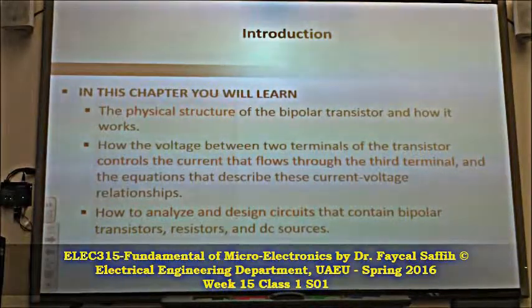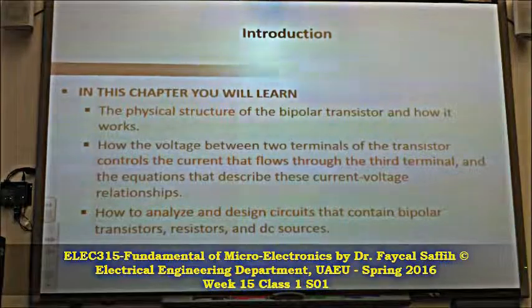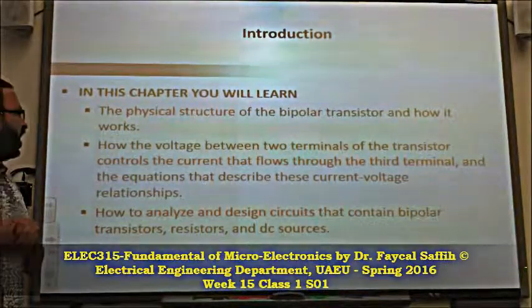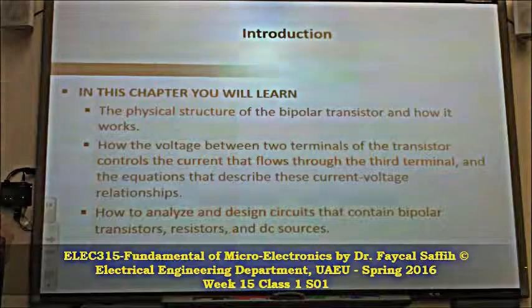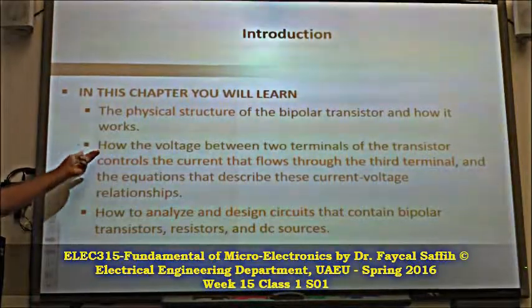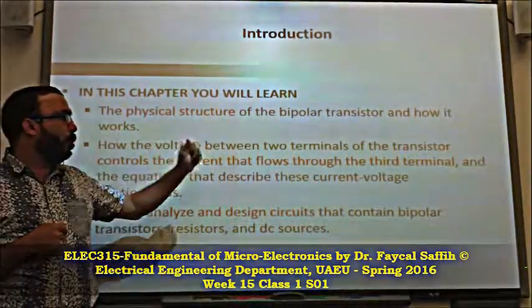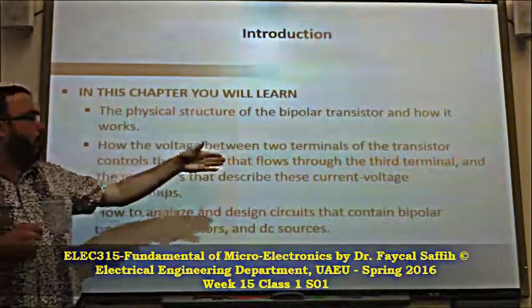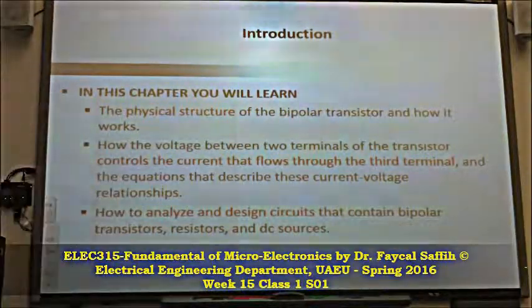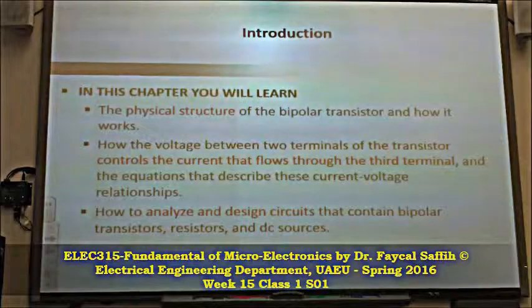As we did with the MOSFET, we're going to start with the physical view of the BJT transistor and how it works. As usual, we have to see how the voltage between two terminals of the transistor controls the current flow that goes through the third terminal. Same thing that happens with the MOSFET.